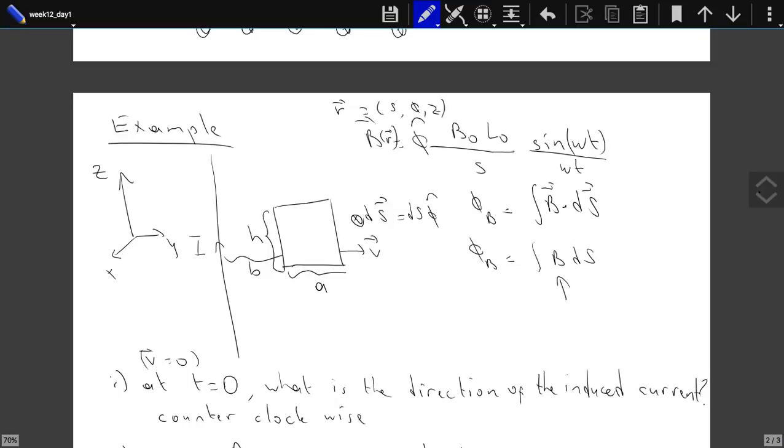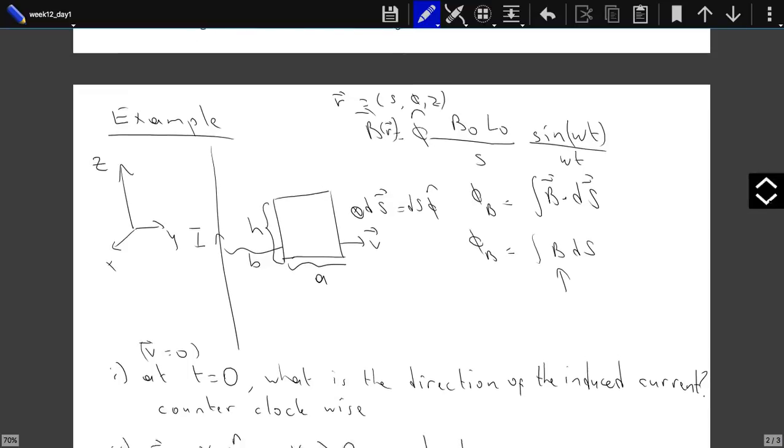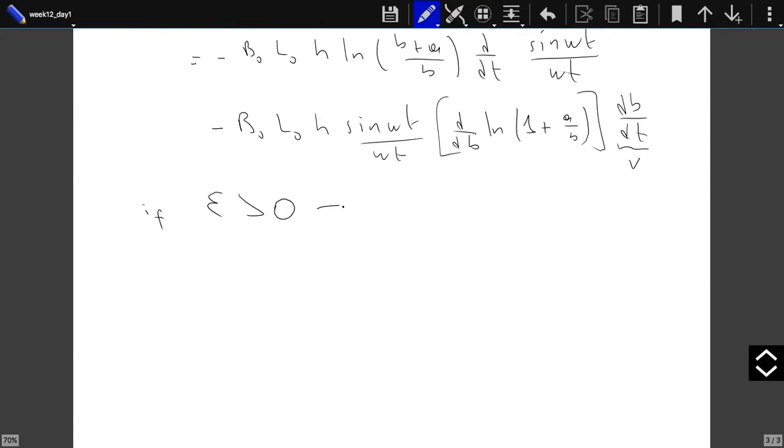If EMF is positive, you will get a positive current running through the system, and the direction of the positive current is given by, again, the right-hand rule. Just point your thumb in the direction of ds, and your fingers curl in the positive direction of the current. So that's clockwise. And if the EMF is negative, that means the induced current will be counterclockwise.